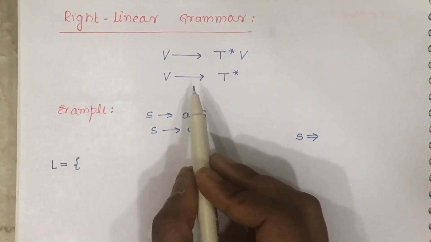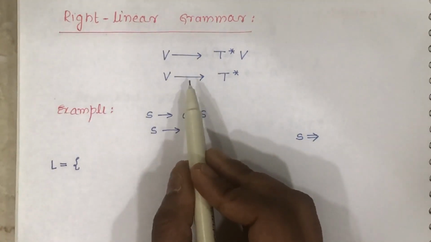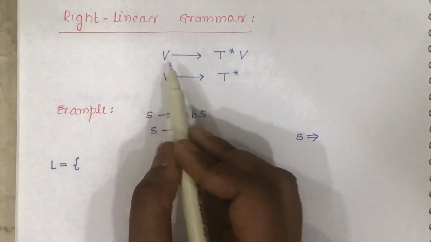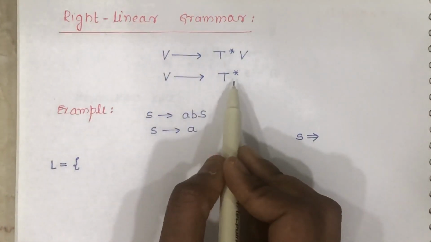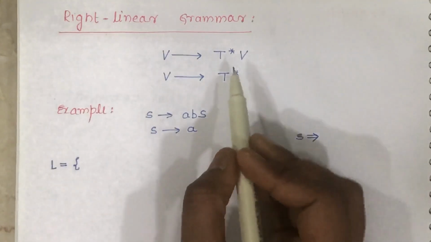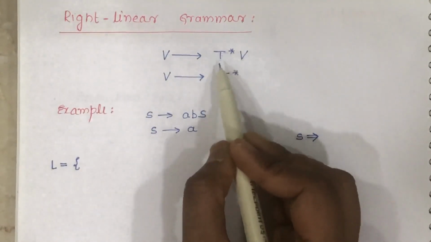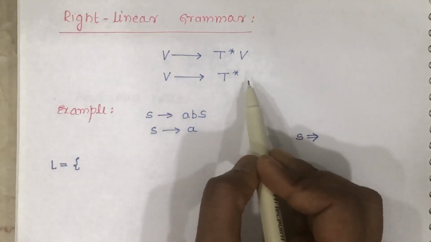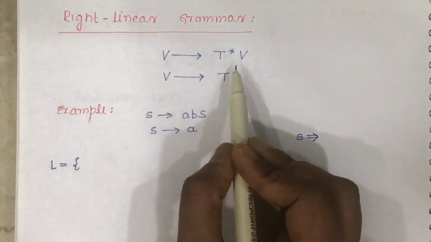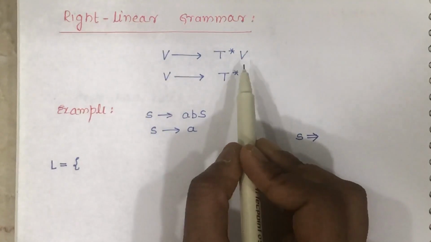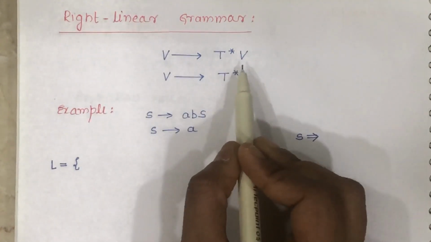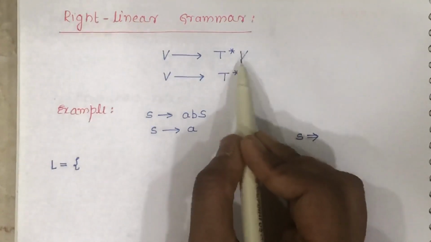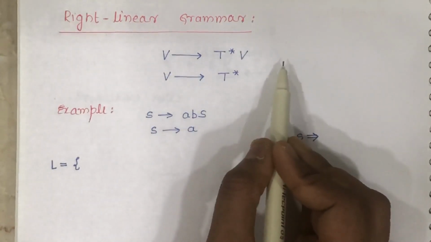So we can say in right linear grammar, on left hand side there will be only one non-terminal, and on right hand side there will be any number of terminals optionally followed by a single non-terminal. So in right linear grammar at most one non-terminal may appear and it should appear at the rightmost position. Meaning after the non-terminal no terminal will appear.